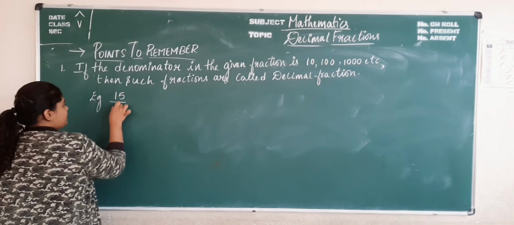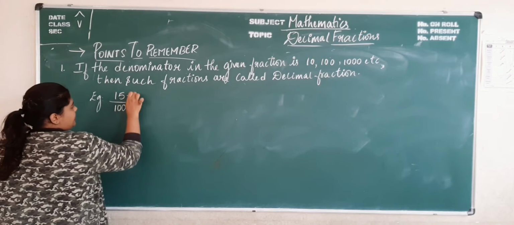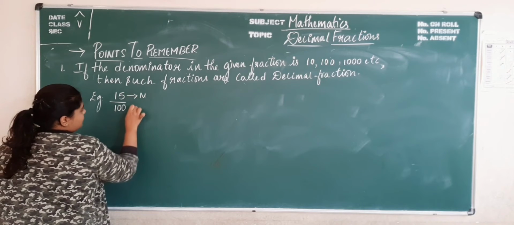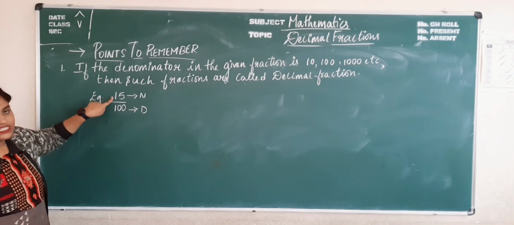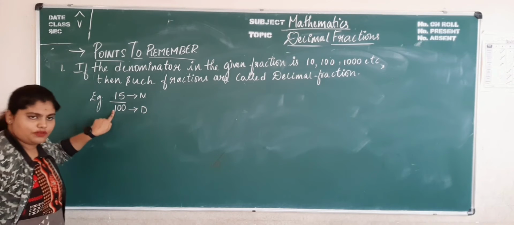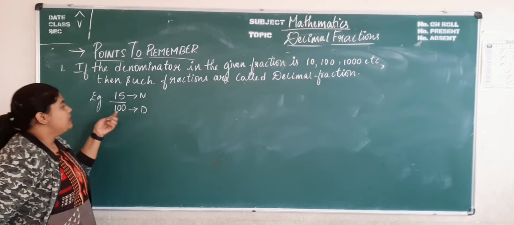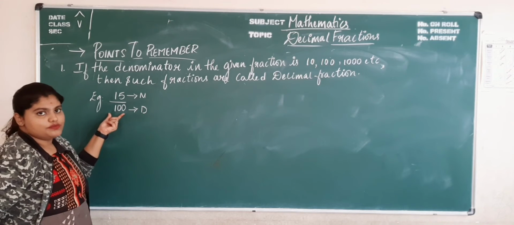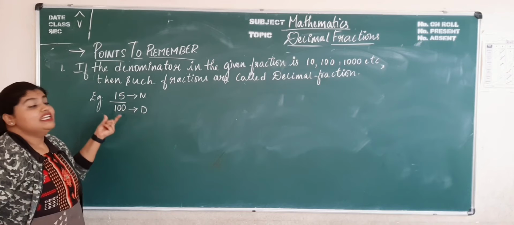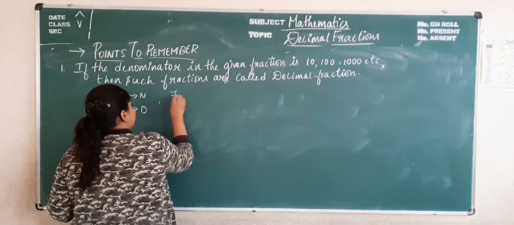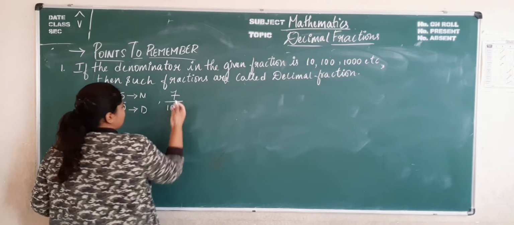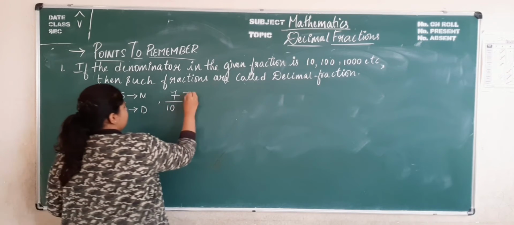15 by 100. So here 15 is numerator, 100 is denominator. Since this number is expressed in the form of numerator and denominator, we call it a fraction. And here the denominator is 100, so it is a decimal fraction. Next, 7 by 10. This is also a decimal fraction.